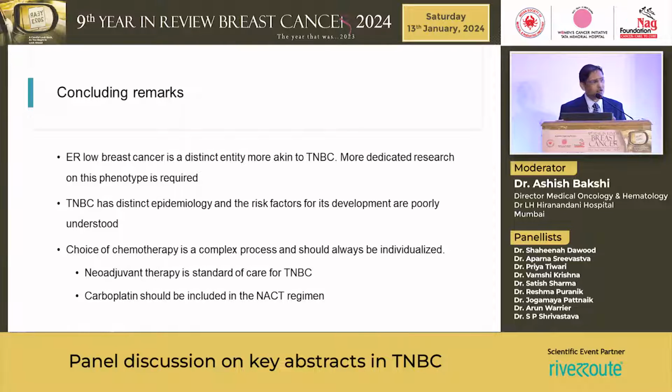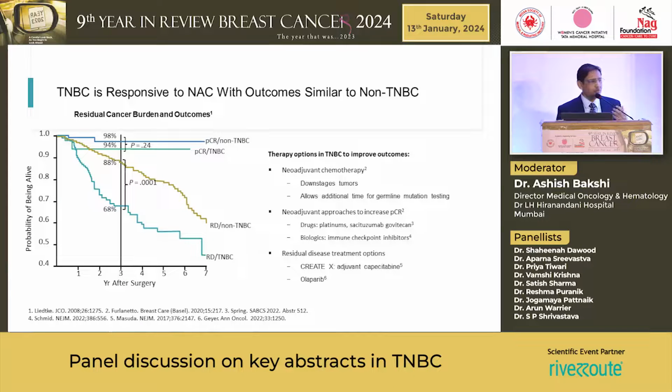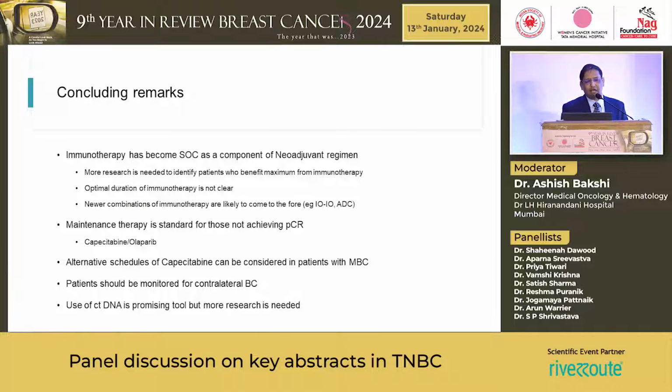Choice of chemotherapy is a complex process and should always be individualized. Neoadjuvant therapy is a standard of care. Carboplatin should be included in the neoadjuvant chemotherapy regimen. Achievement of pathologic CR is important, and those patients who have pathologic CR have a better outcome, as has already been presented.